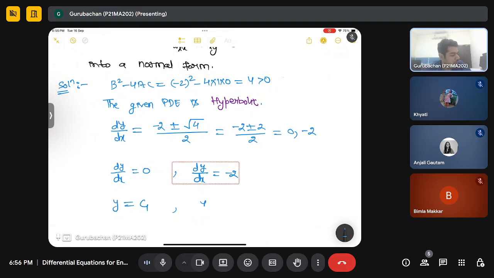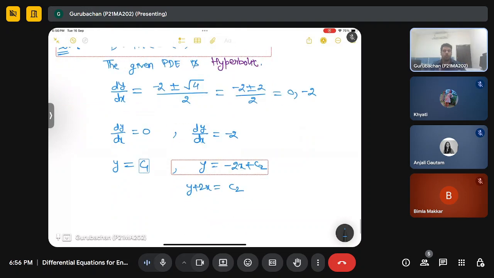From the second, if you integrate, this will be minus 2x plus some c2, and you can write y plus 2x equal to c2. Now you can directly take your xi and eta here. Since there is no imaginary term, we can directly take xi and eta and try to transform our system.